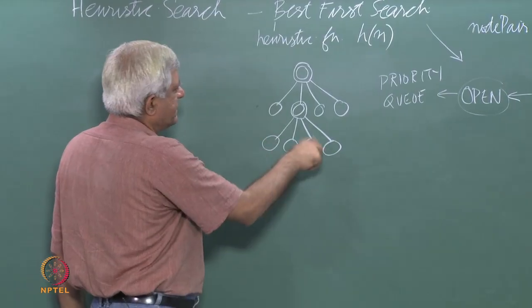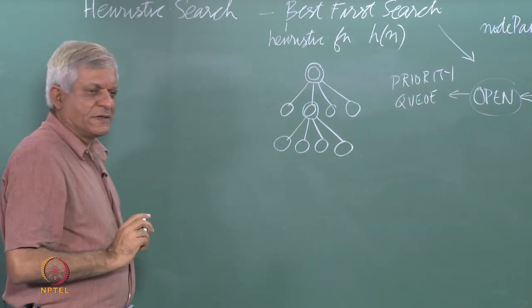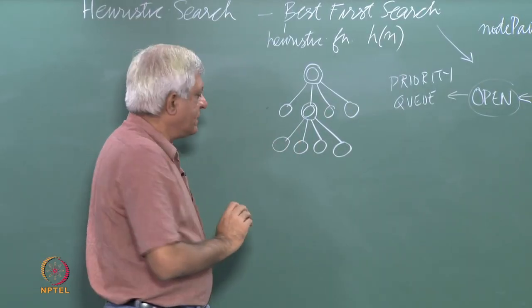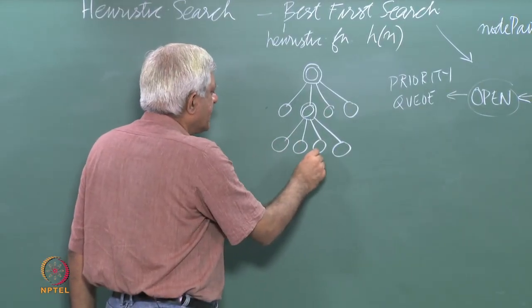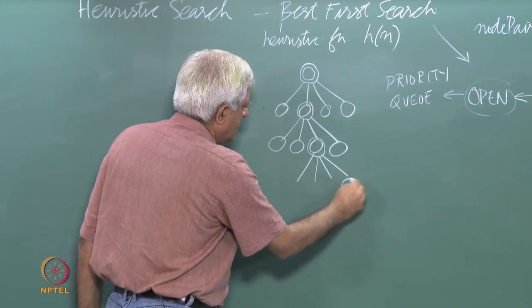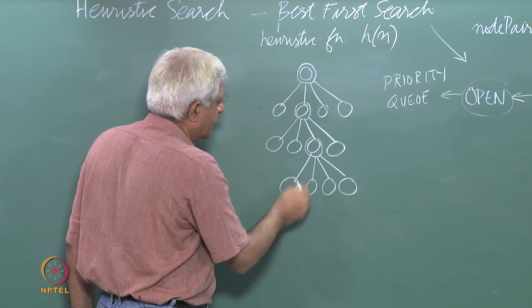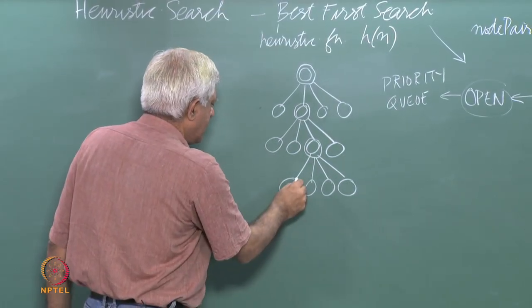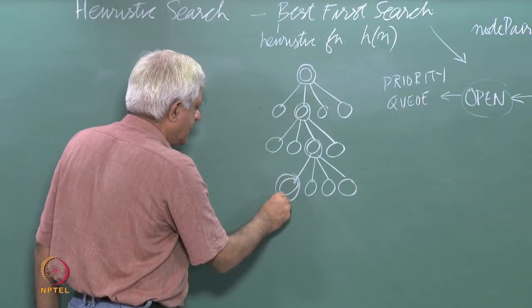Everything in single circles is an open list, and it can pick any one of them depending on the h value. So, let us say that it expands this node next, and I am assuming here a branching factor of 4, and the search proceeds in this fashion. Maybe this is the next one that it expands.